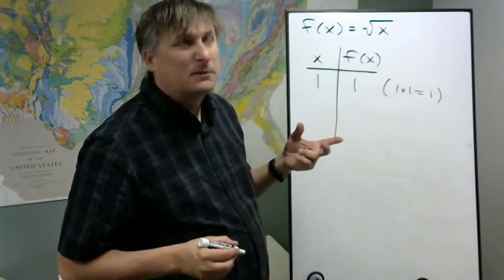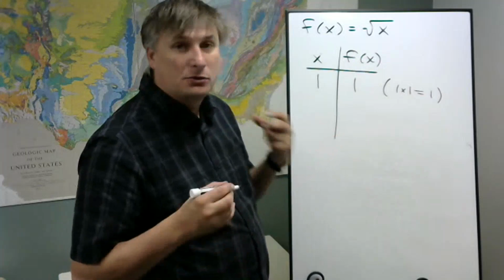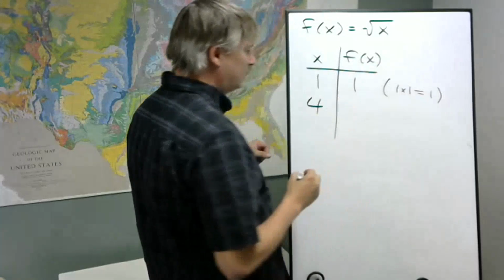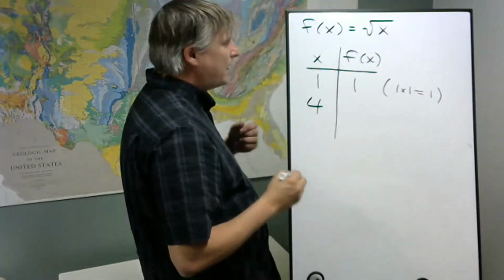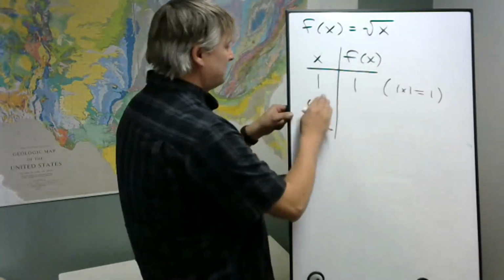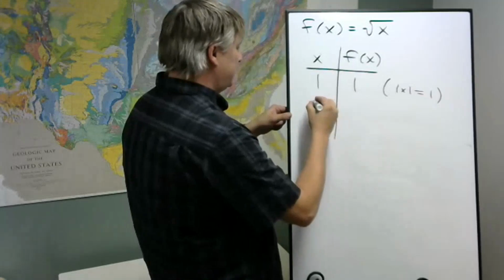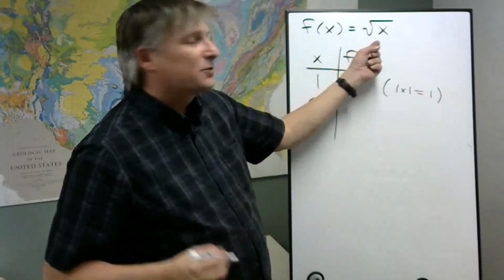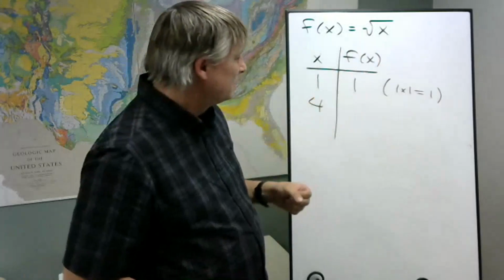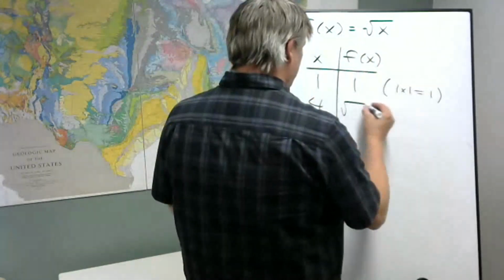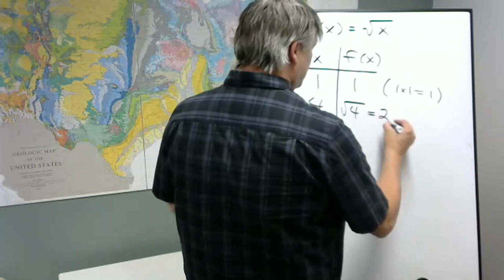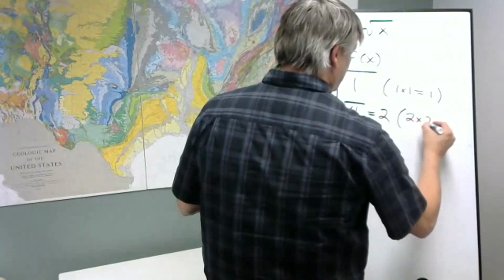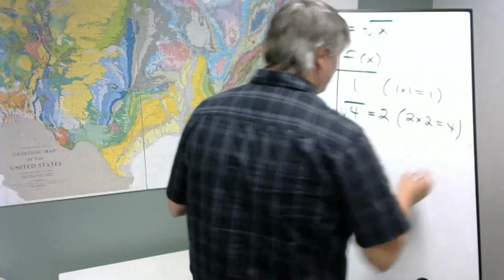Then I'm going to skip up to, let's say, 4. Now, why did I do an input of 4? Oh, I'm sorry. Yeah, we'll put an input of 4. Well, we're going to be asking for the square root of 4. Well, the square root of 4 equals 2, and the reason is because 2 times 2 gives you 4.